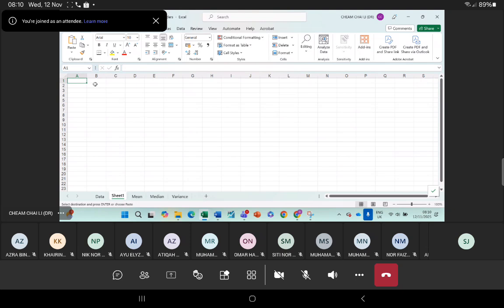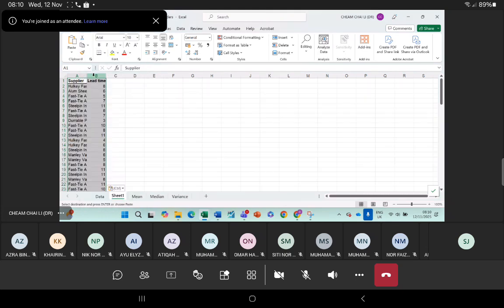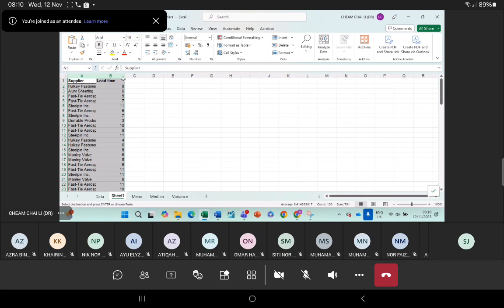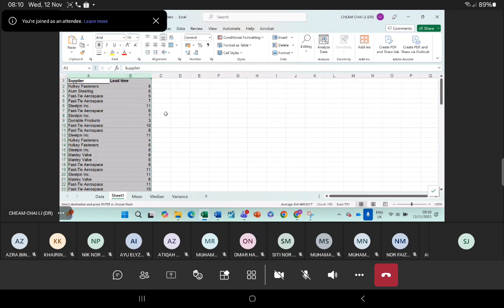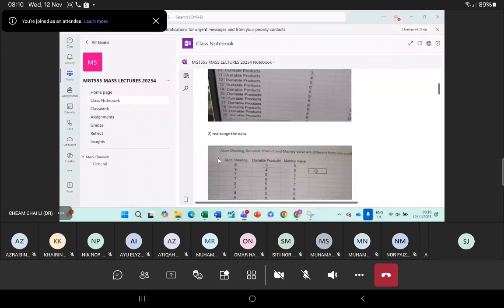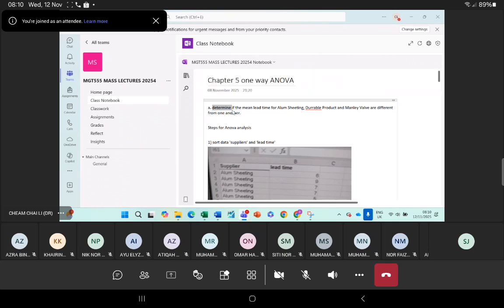Yeah, so now we are in ANOVA. Okay, let's say this is your data. You only need the supplier and the lead time, because this is our question.